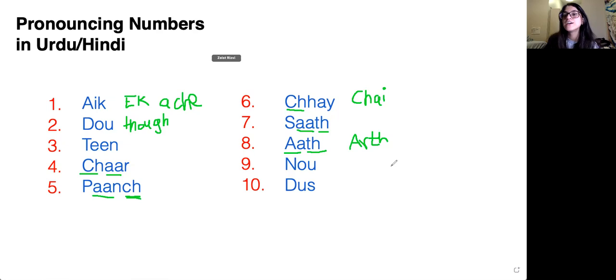So number 9 is no. So I wrote it this way, but you can even write it differently, like when there's a K, you can write it like no. Any way that you think is better for you to understand how to pronounce it, just write it for yourself that way.